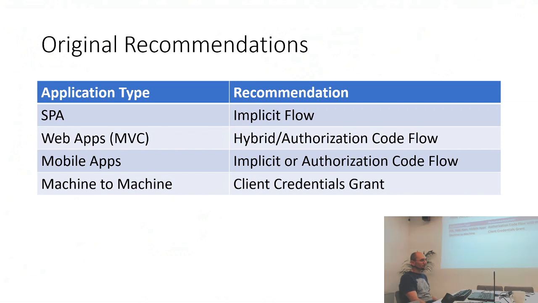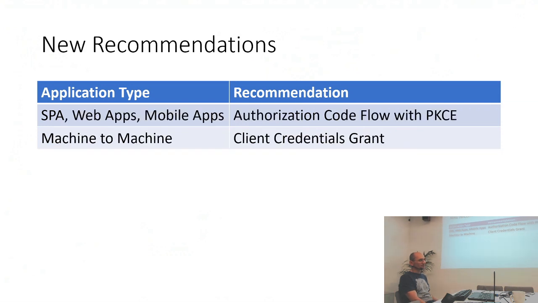But these days, they have improved one of these flows, called authorization code. They extended it with something they call PKCE, which is Proof Key for Code Exchange. And the authors of OpenID Connect are now saying you can use this flow for all these types of user-facing applications.